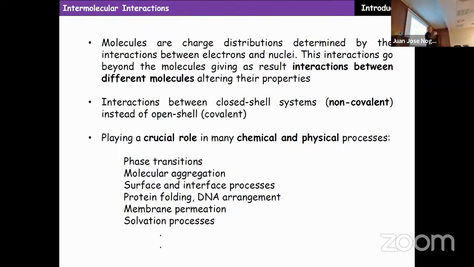For example, suppose that we have a bilayer lipid membrane, between the lipid and the drug, but also in synthetic membranes. Okay, for example, for water cleaning membranes that take the molecules, the toxic ones, the contaminants, or something like that. This is because of intermolecular interactions. Okay, and of course, probably the most important processes are the solvation processes. This process depends strongly on the intermolecular interactions. Okay.